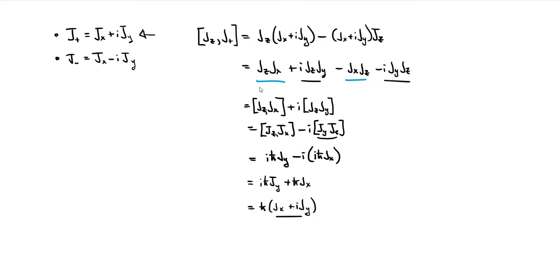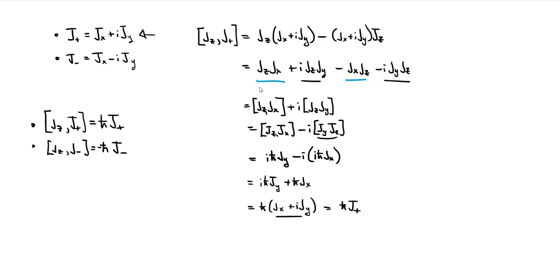So this commutation relation is just h bar J plus. If we do the same thing with the J minus operator, we get a similar relationship. So we can show Jz, J plus is just h bar J plus, and similarly Jz, J minus is equal to negative h bar J minus. So we have those two commutation relations.